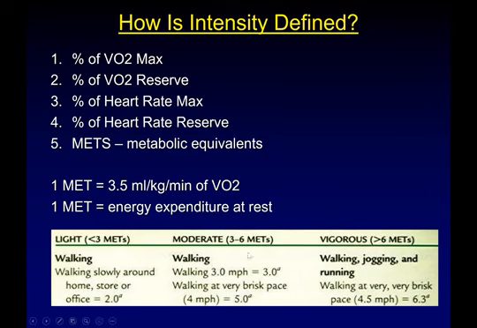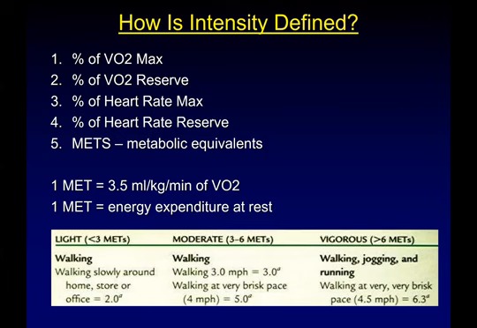Moderate intensity activity generally is going to be from 3 METs to 6 METs. So from an increase in energy expenditure from 3 to 6 times your resting metabolic rate. For most people, that's going to be somewhere in the neighborhood of walking at a relatively brisk pace, okay? Somewhere between, say, 3 and 4 miles per hour, right?